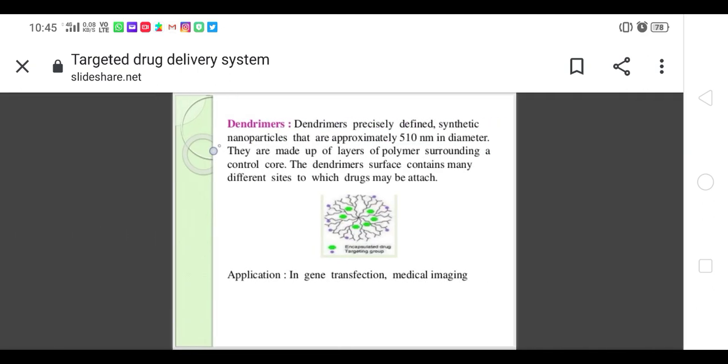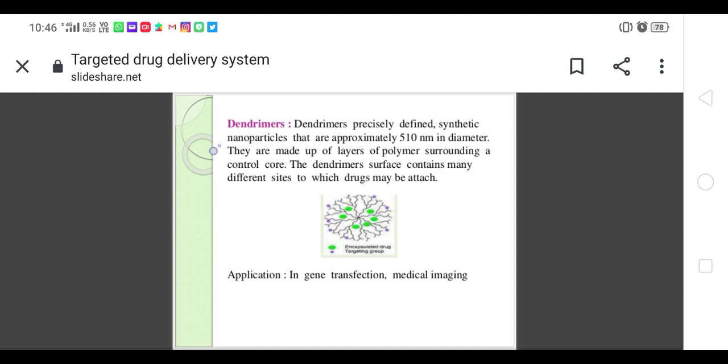The dendrimers, what are dendrimers? They are precisely defined synthetic nanoparticles, having a size range of approximately 5 to 10 nanometers in diameter. They are made up of layers of polymer surrounding a central core.